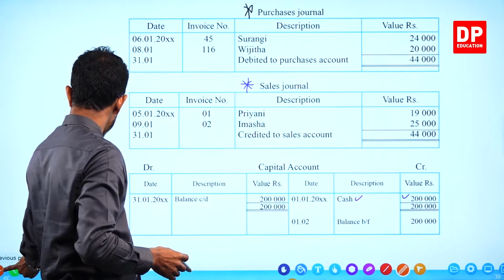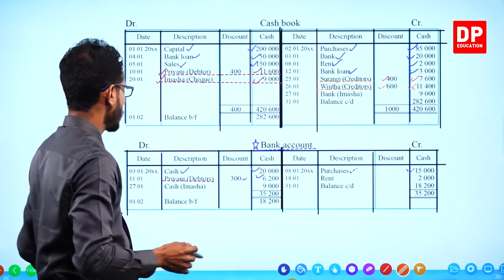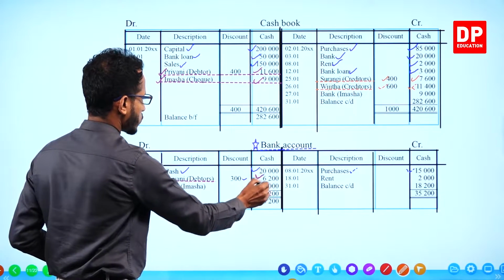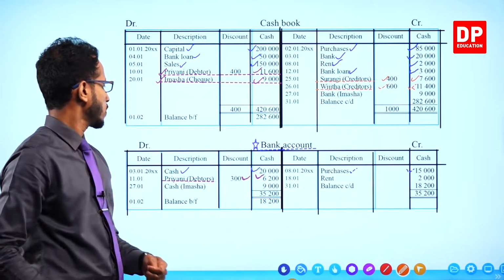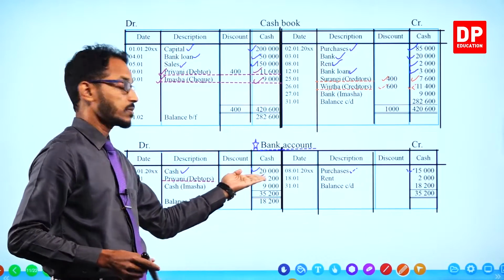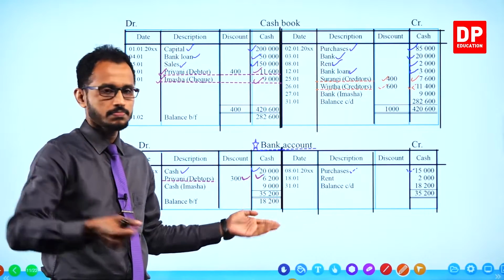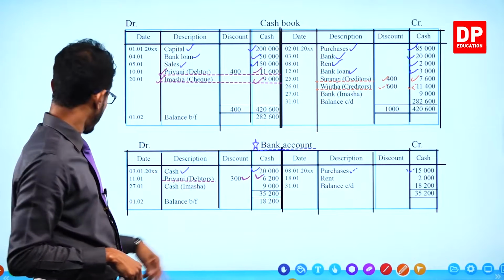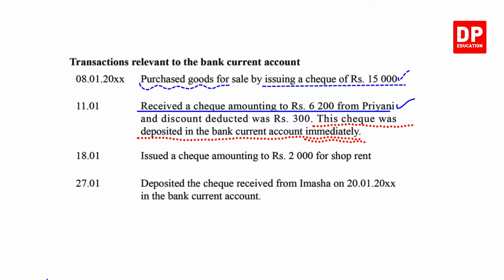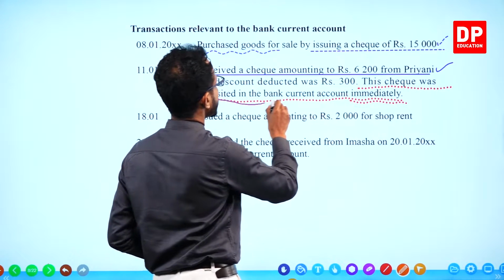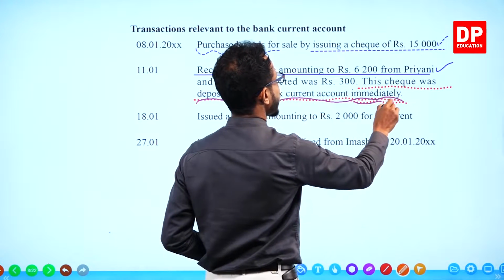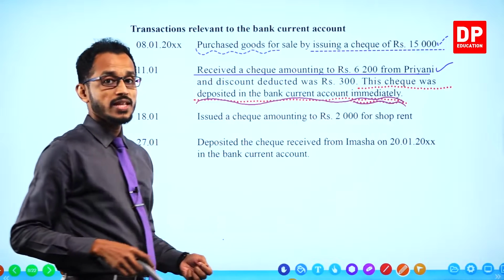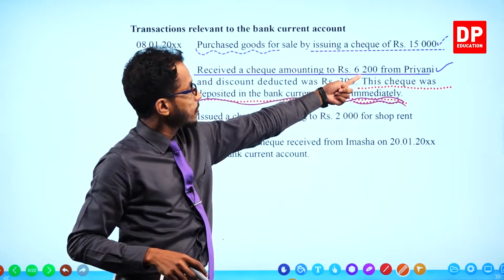That is the discount. Here, 6,200 and 300. Because we got money. Not money, a check. Debited to bank account. Next, deposited in the bank account immediately. That is why we put that amount to the bank.